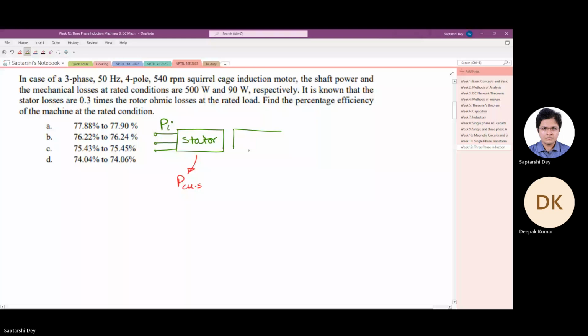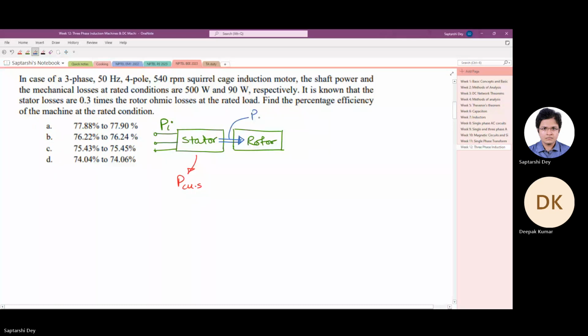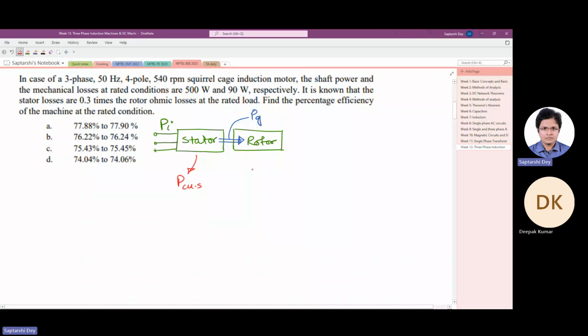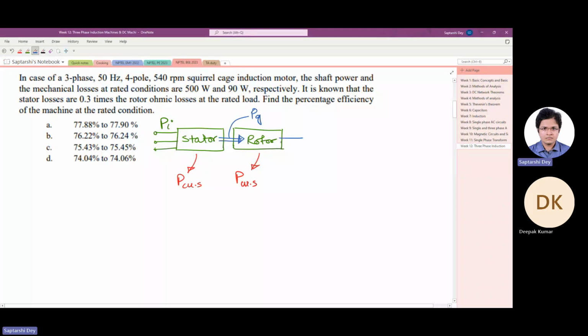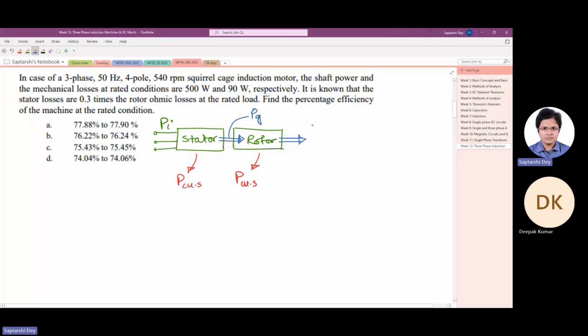The power that flows from the stator to the rotor is called PG, or air gap power. Now the rotor experiences again rotor copper loss, and the rest is then developed as mechanical power.